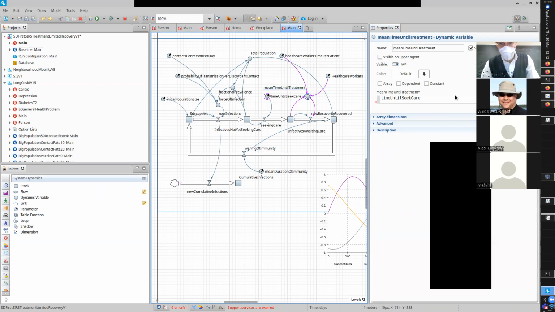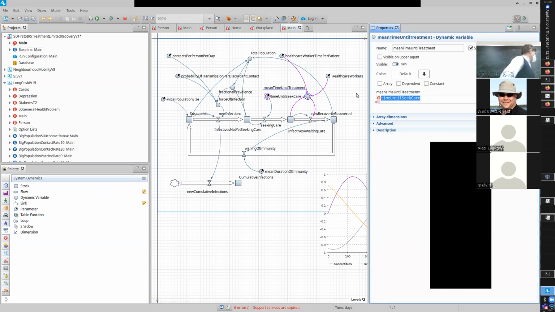Mean time until treatment for the people awaiting care. Well, you tell me. Suppose we have 8 healthcare workers. Suppose we have a certain number of healthcare workers. To denote it in brief terms, I'll indicate that parameter as lowercase h.